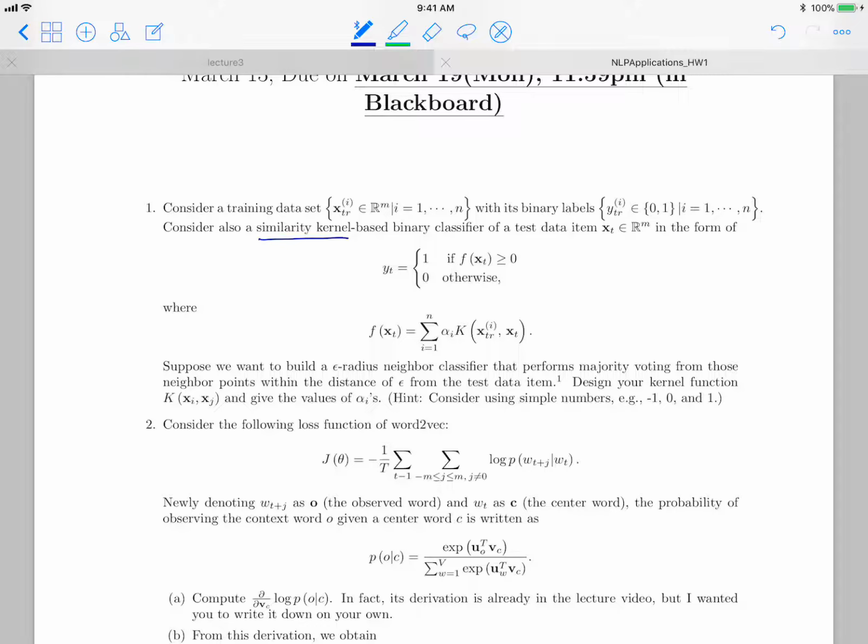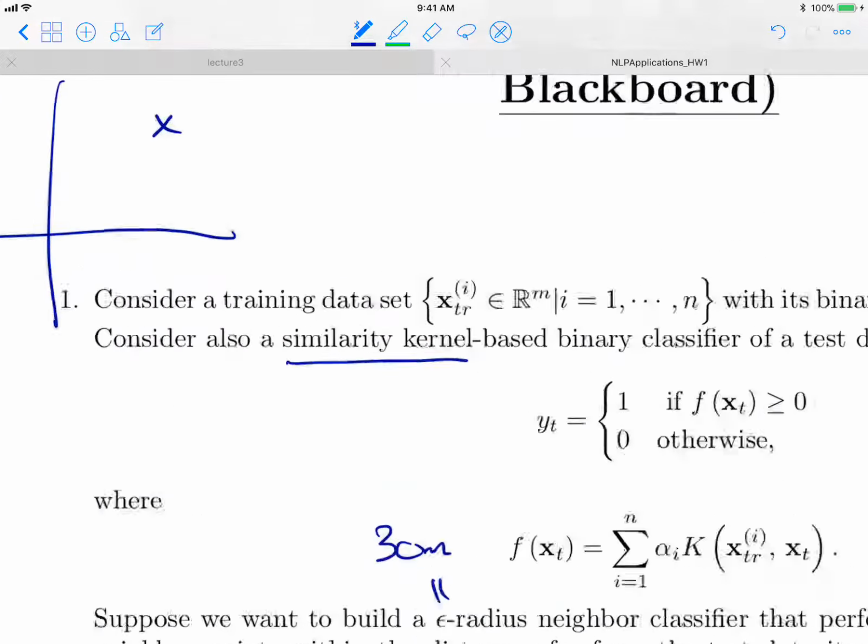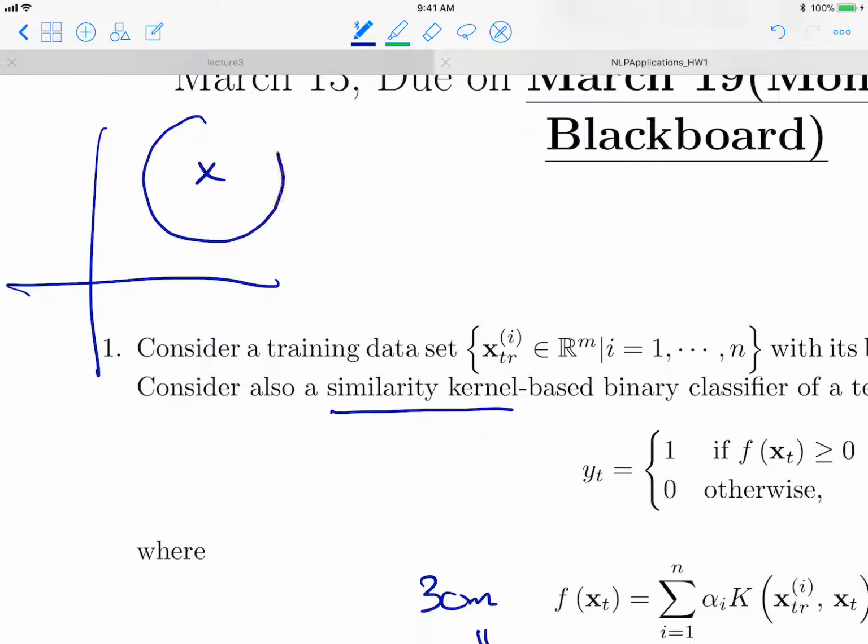If epsilon was maybe 3 centimeters, then given our high dimensional space and our test point here, we think of this circle, or hypersphere, that has radius epsilon, which is 3 centimeters. I'm introducing an intuitive distance measure.